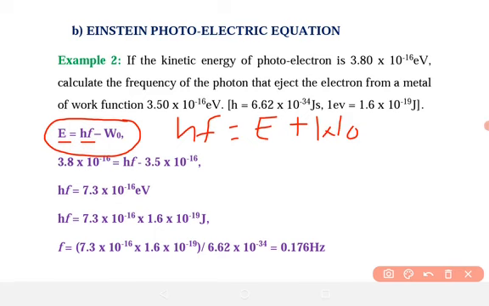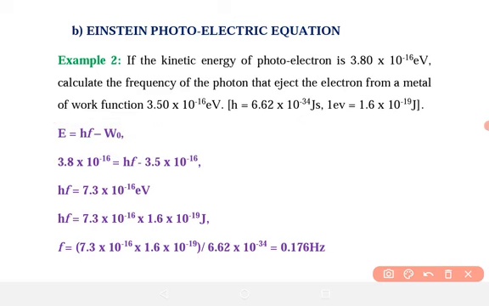And work function is just like a barrier in the metal that wants to prevent electrons from being emitted from the metal. So this means the energy of the incident photons must overcome this work function before an electron can be ejected from the metal. And when an electron is ejected from the metal, it travels with this kinetic energy. That is what this equation is saying.